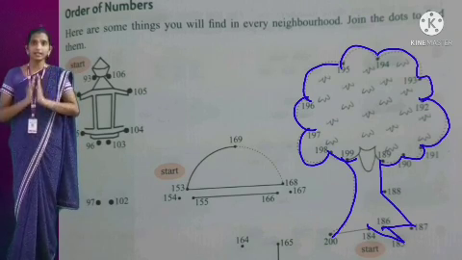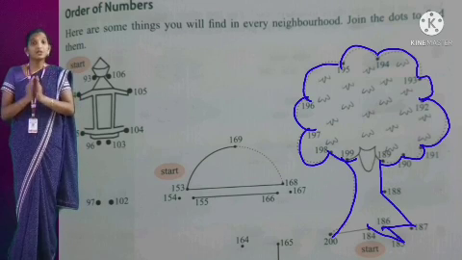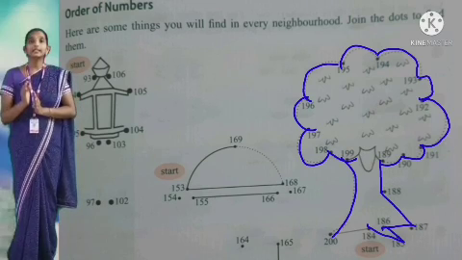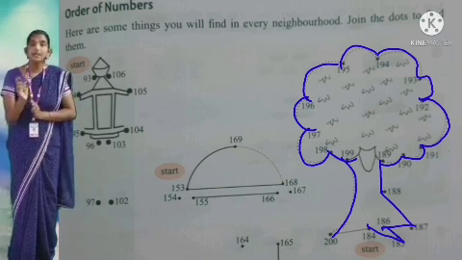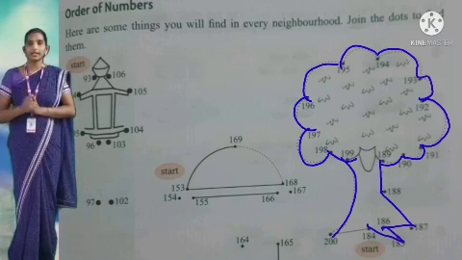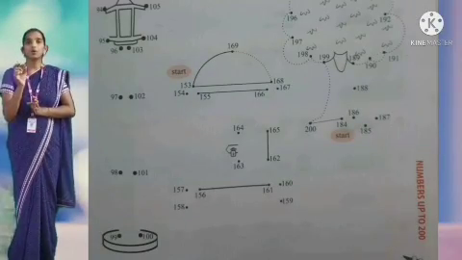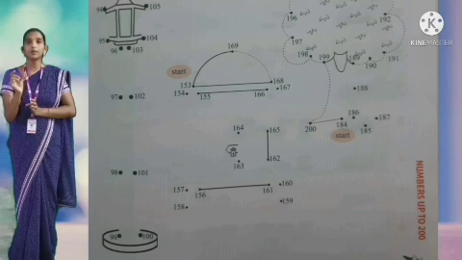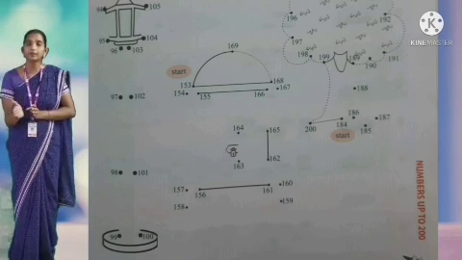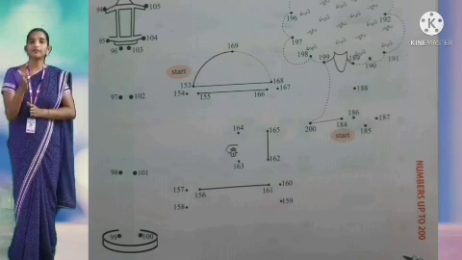Now see the between image. Here the start number is 153. Can you all see? Yes. So you have to join the dots from 153. After 153, what is the next number? 154.